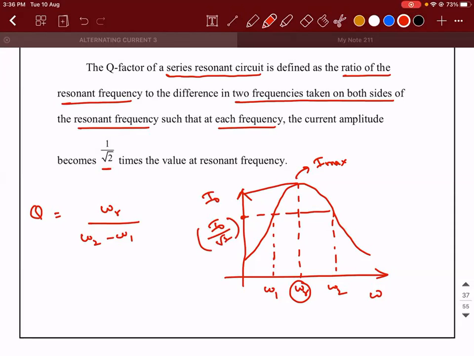So at omega 1, the value of current is 1 by root 2 times the value at the resonant frequency. The value at resonant frequency, I took it as I max. So here I will take it as I max divided by root 2.